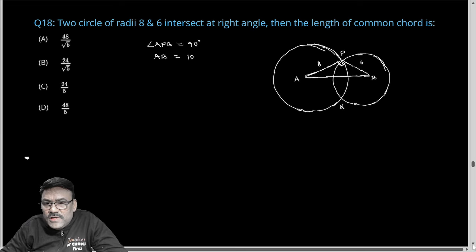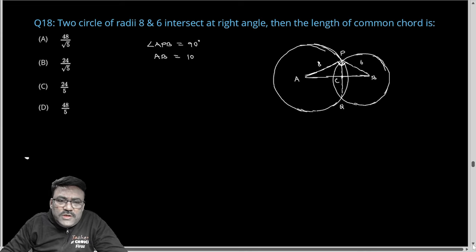Now I have to find the length of the common chord. So let's say the common chord is PQ. I have to find this length. Let's say this point is C. C is the midpoint of the chord PQ. So see, if I write the area of triangle APB, since it is a right triangle, its area is half base into altitude.